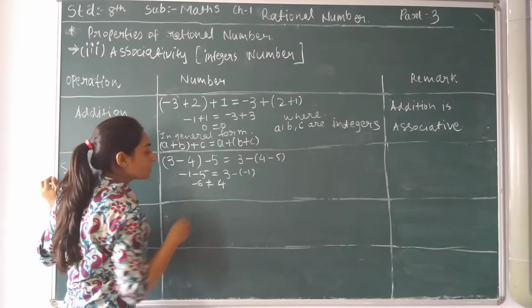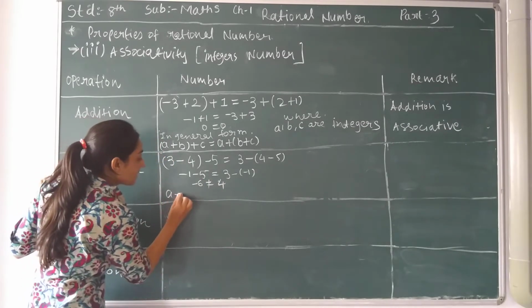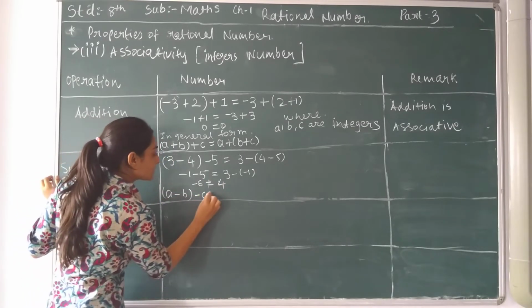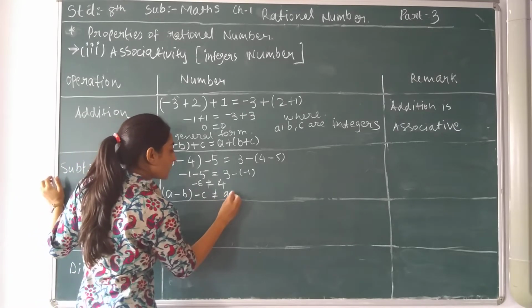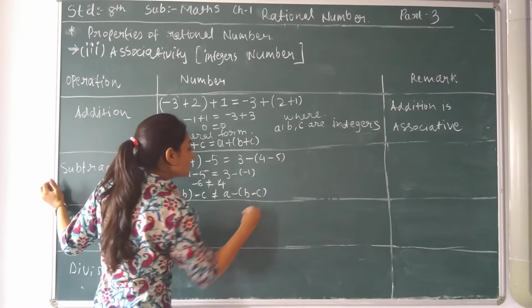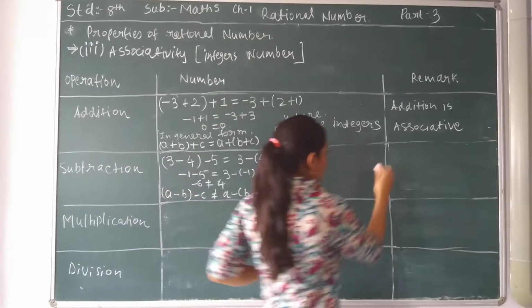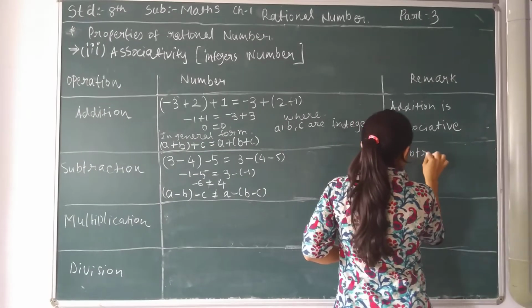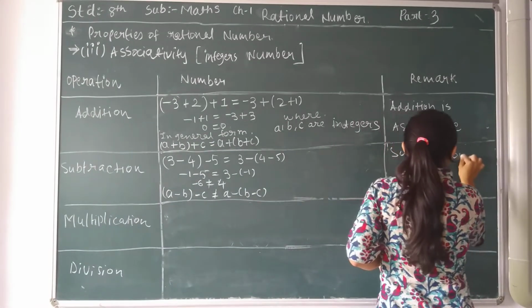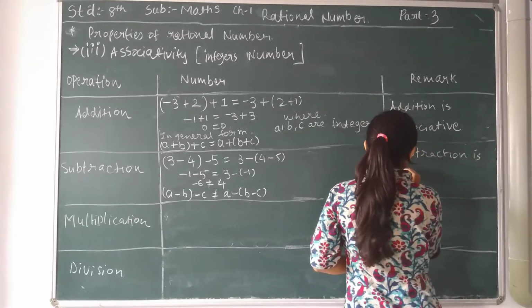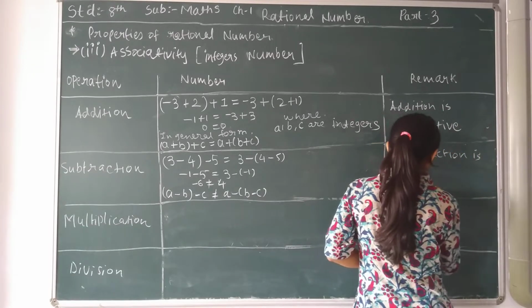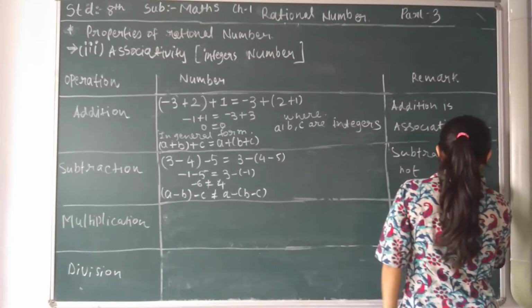They both are not the same, so we can say that (a minus b) minus c is not equal to a minus (b minus c). Now, subtraction is not associative.